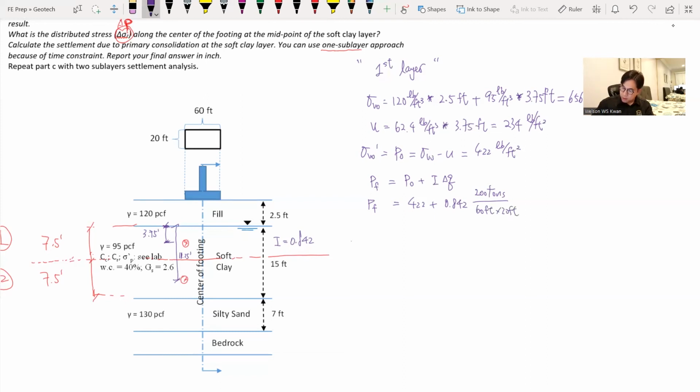I'm repeating the calculation here because we already completed this part in part C. We can go back to see how the units work out, and we need to do some conversions to make this PSF again. So I directly put down the answer here. The final stress, we got 702.